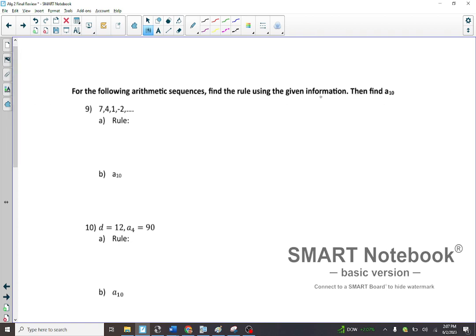All right. Find the rule given the information, then find A10. So this is an arithmetic sequence. The rule for an arithmetic sequence is An equals A1 plus d times n minus 1. So A1 is 7, plus d, the pattern is -3 each time, so -3 times n minus 1, equals An.